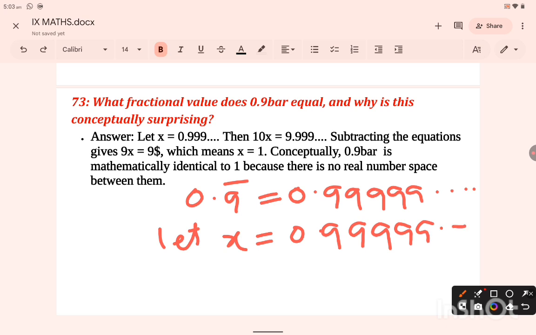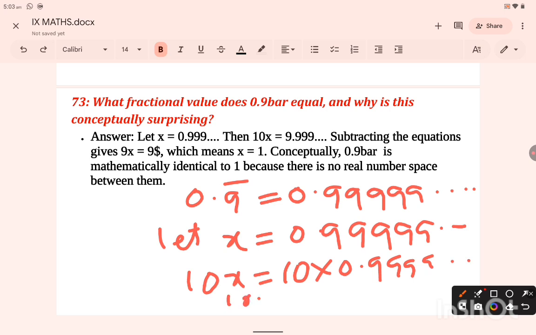What is the periodicity here? 1. Then we should multiply by 10 on both sides. So this gives 10x is equal to 10 into 0.99999 and so on, that is, 10x is equal to 9.9999 and so on.